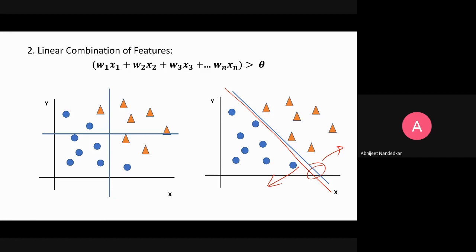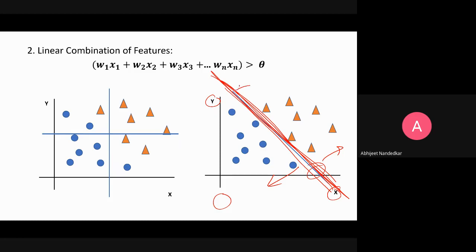So that is possible. Now to implement this kind of thing at a node, I cannot just rely on x or y. I have to take into account both x and y. That means I have to take into account this line equation.